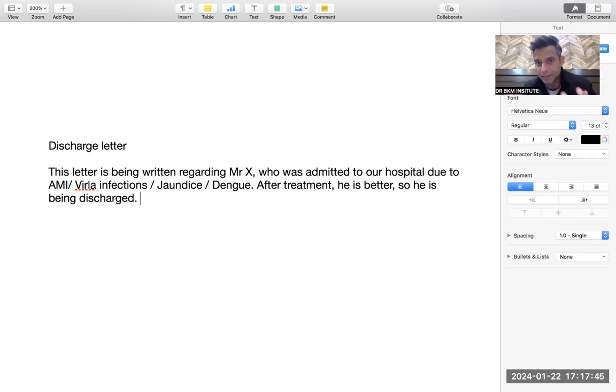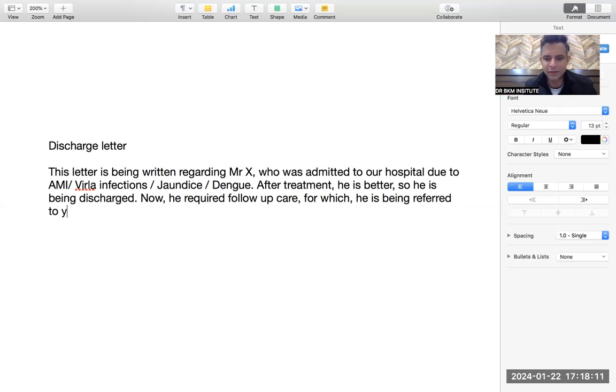That's simple. Patient came to us due to this reason. After treatment, he is better, so he is being discharged. Now he requires follow-up care, for which, nice connector, for which he is being referred to you.